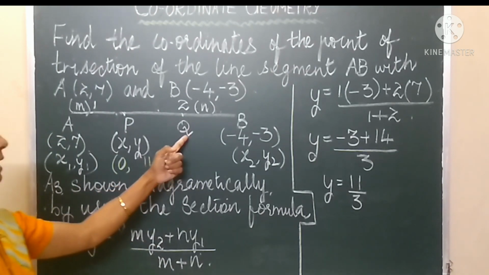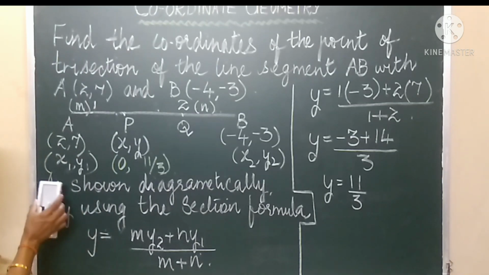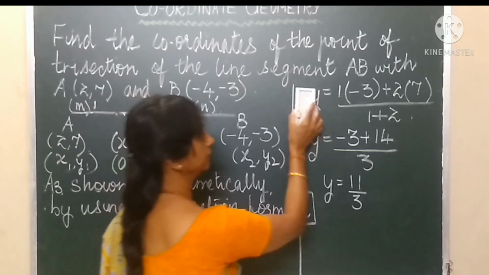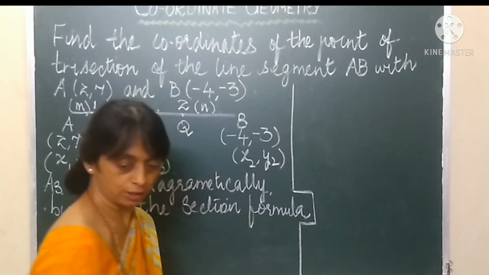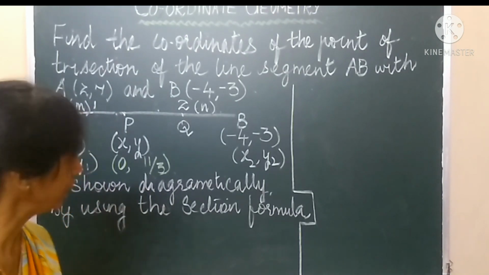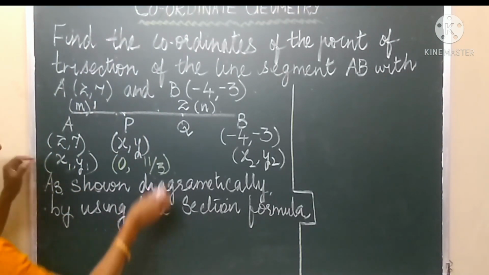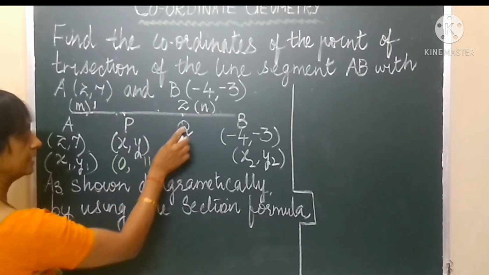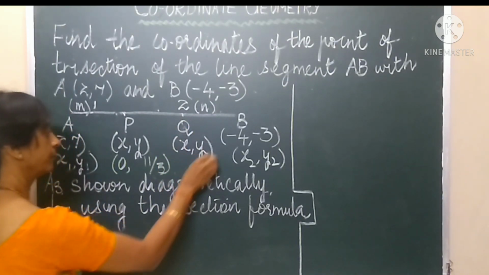Now what is left? We have to calculate the value of point Q, again with the same section formula. Now let's change the value of the ratio m is to n. Once again I repeat, now we have to calculate the value of Q. So let's assume the coordinates of Q as x, y.